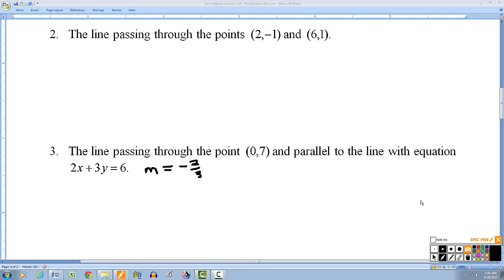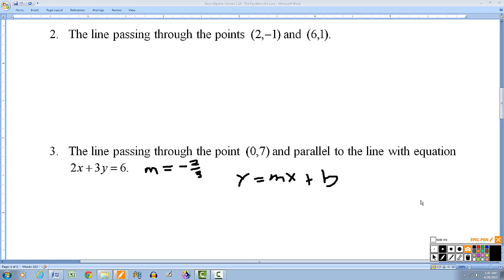Okay? So I want a line passing through 0, 7 and parallel to this line. So think about the equation then, y equal to mx plus b. Obviously, if the equation is parallel to this one, it has to have the same slope, same incline as this one.